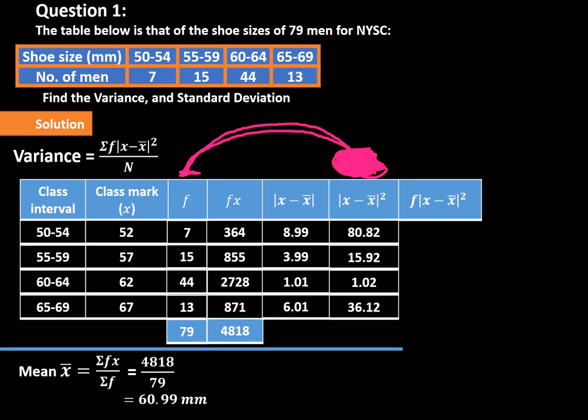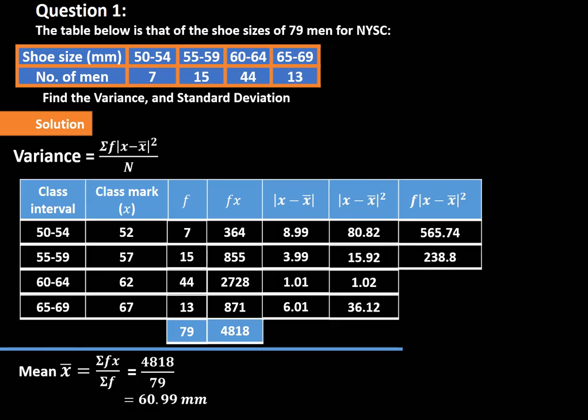So I'm going to be doing that right now. If you do that, that's 7 multiplied by 80.82. You're going to have 565.74. 15 multiplied by 15.92, you're going to be having 238.8. And then 44 multiplied by 1.02, the result is 44.88.